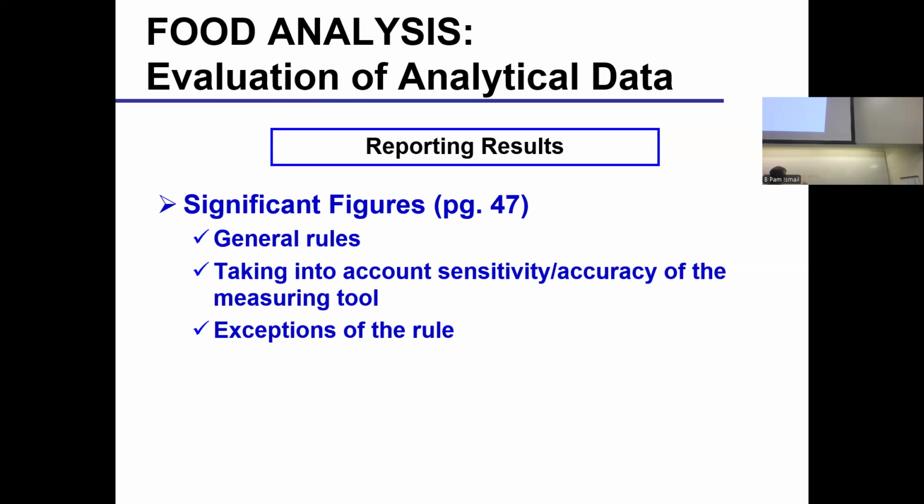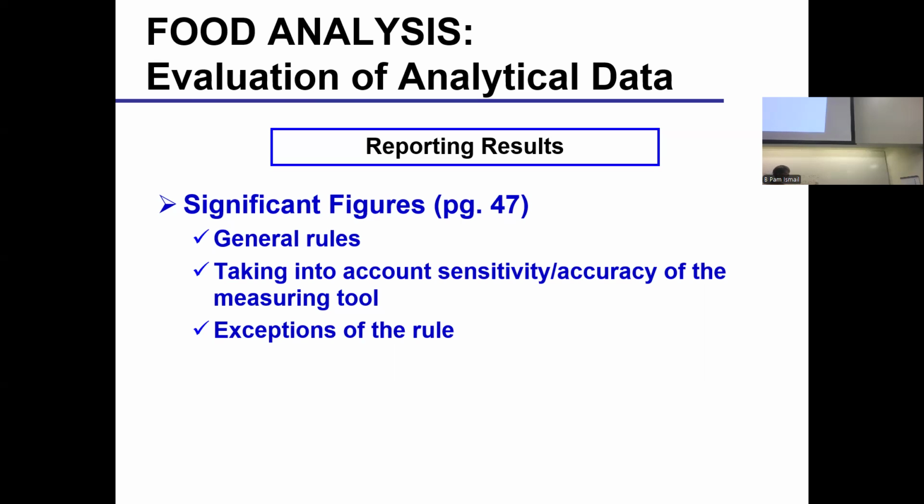Some scales you can measure down to 0.1. Depending on the pipette I'm using, the scale that I'm using, all the tools that I'm using, I have to stick with the numbers that I'm certain of, because that's what the balance gave me.